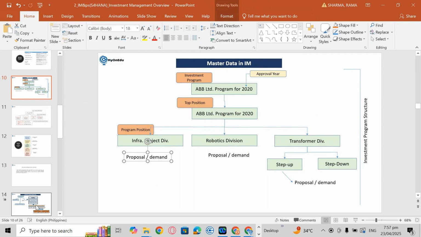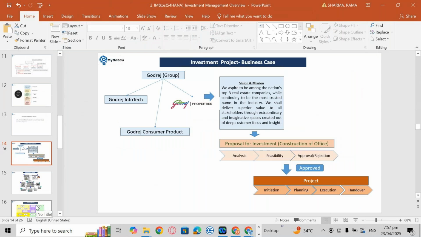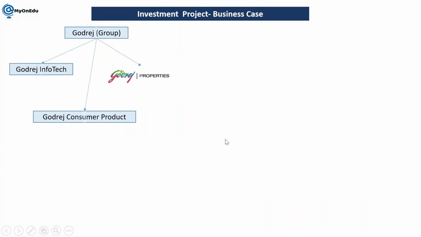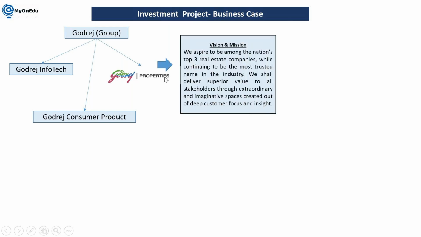Similar example I have taken here for this case, Godrej Properties. What I was saying is that first we need to create one structure like this: Godrej group of companies, which has different companies, let's say Godrej Infotech, Godrej Consumer Products, and then Godrej Properties. Then this company has a vision and mission, which you can say is the objective of the company.